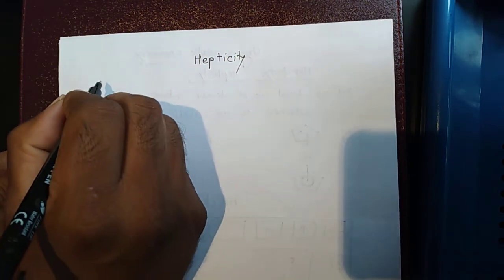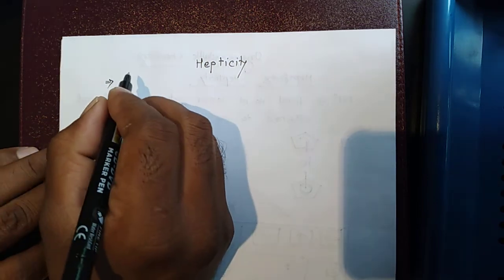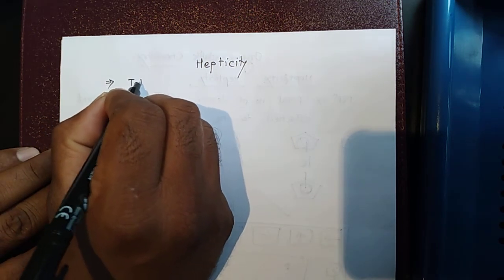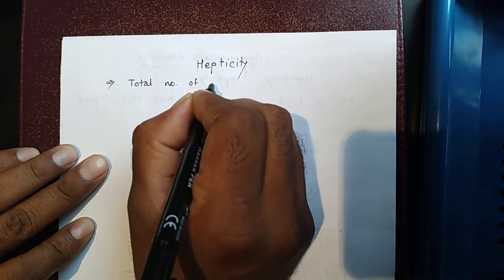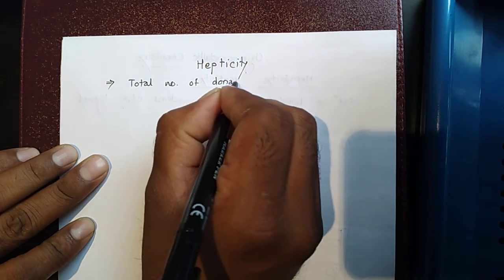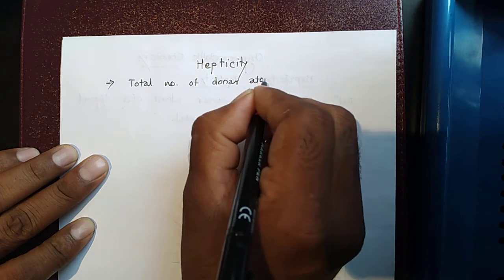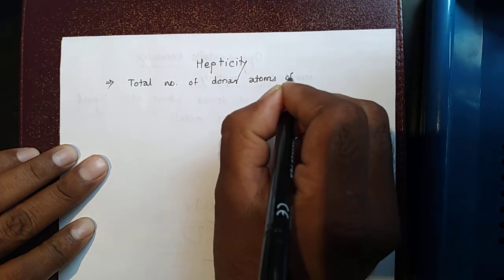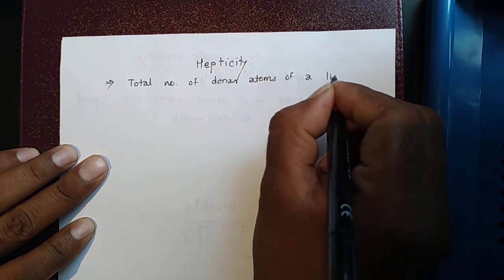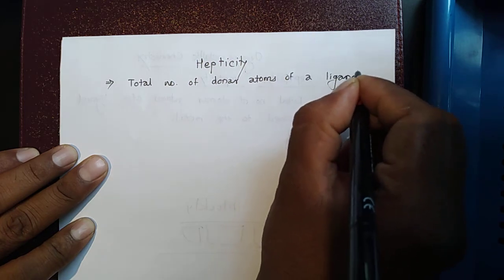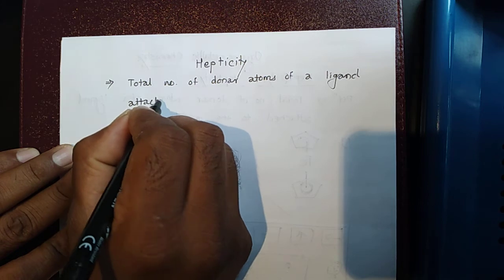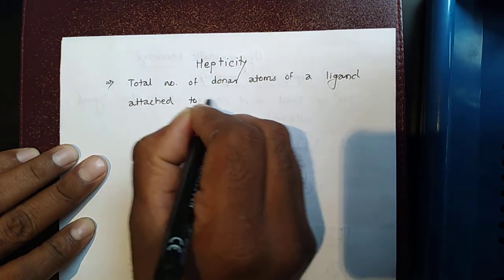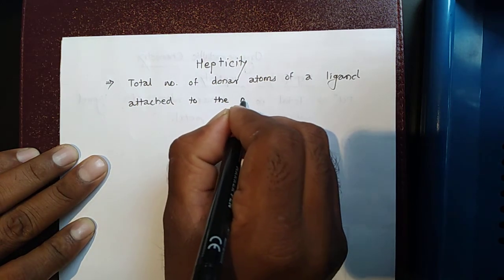Okay, hapticity means, I will write down the definition of hapticity, which is the total number of donor atoms of a ligand attached to the metal.